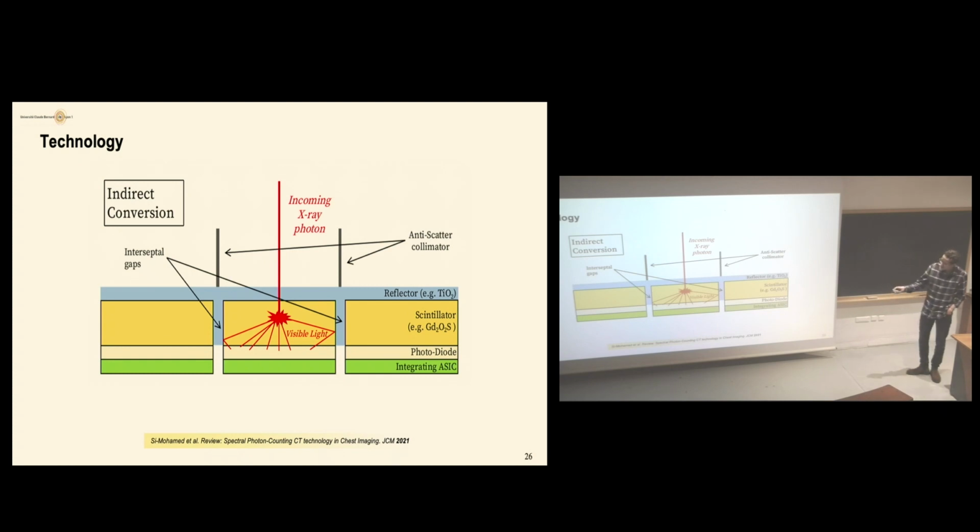The main point here is that you have a reflector, a thin layer, between each pixel detector, which increases the gap between pixels, leading to a loss of spatial resolution. So this is an important point.